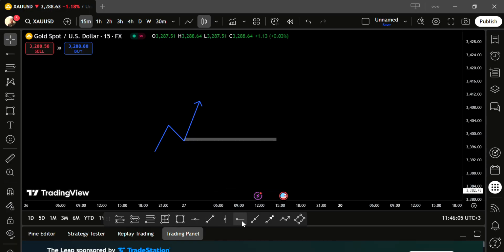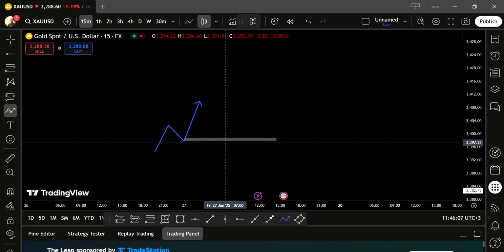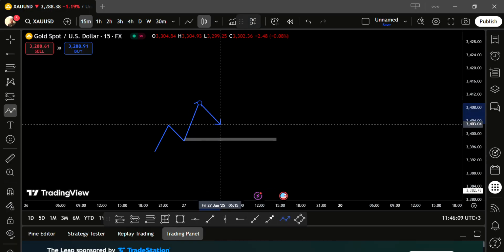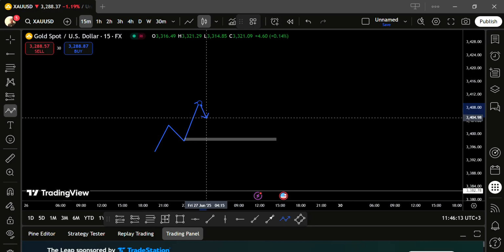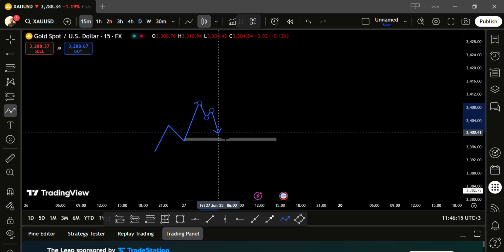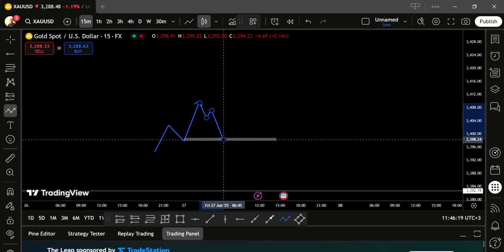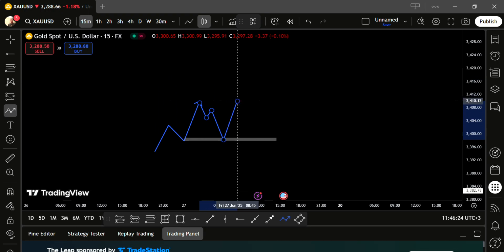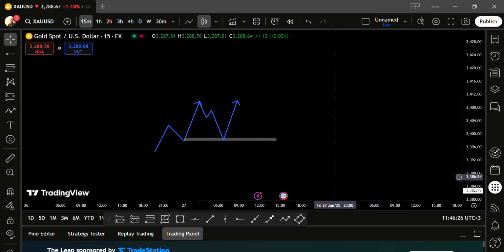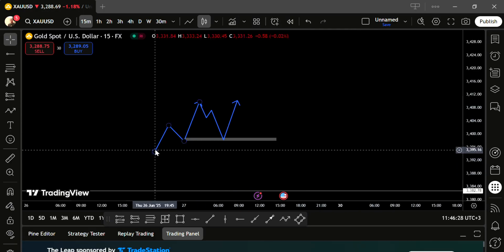So when the price comes back to this area like this, price does this, and then you take it to the next high, which is that. You see, guys, something like that. Price is going to come from down.